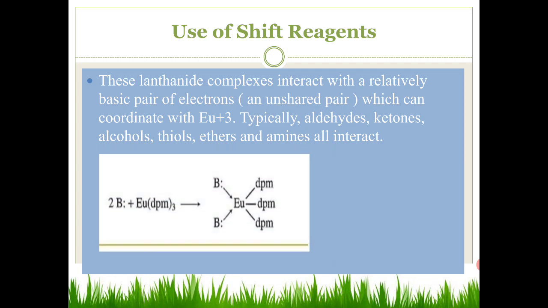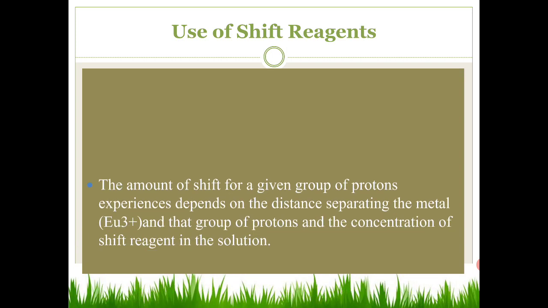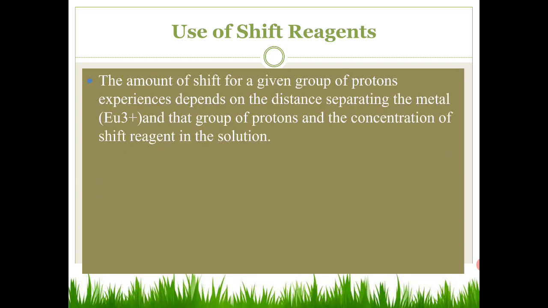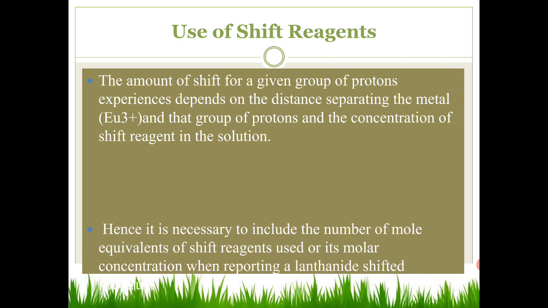See here, this pair of electrons is interacting here, and that interaction is reflected in the NMR spectra. The amount of shift a given group of protons experiences depends on the distance separating the metal and the group of protons, and the concentration of the shift reagent in the solution.